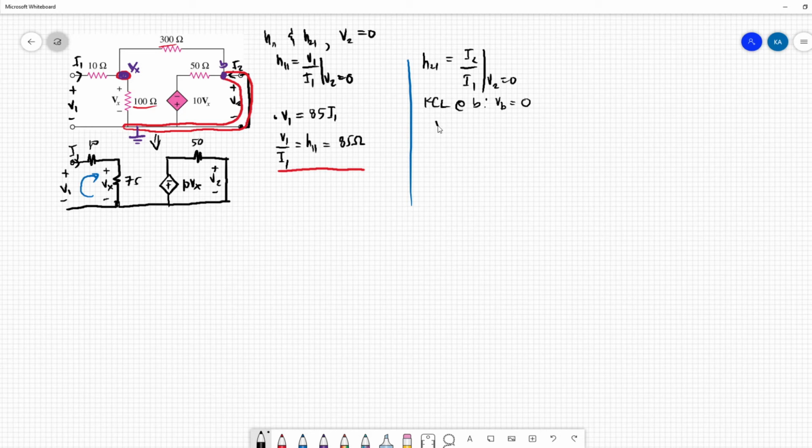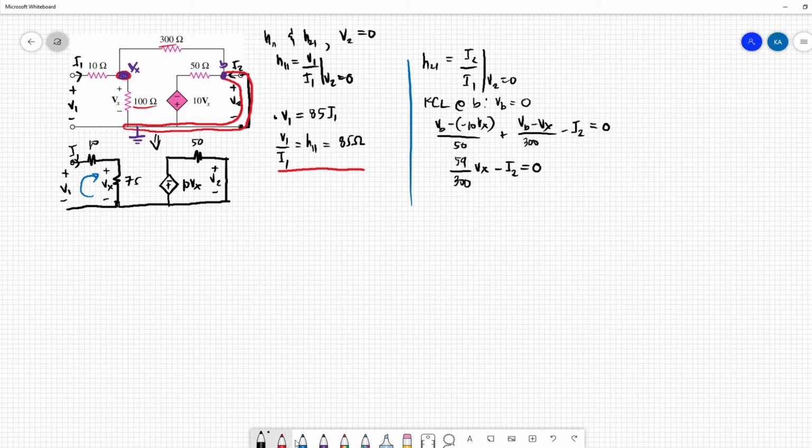So we have VB minus negative 10Vx over 50 plus VB minus Vx over 300 minus I2 equals to 0. So VB equals to 0, then combining like terms, we have 59 over 300 Vx minus I2 equal to 0.